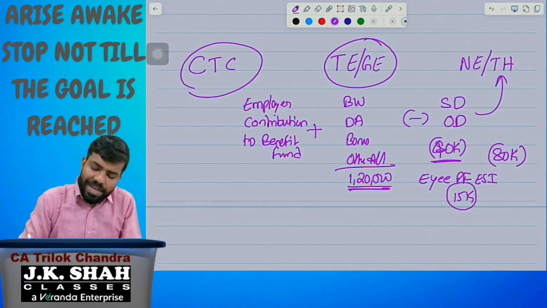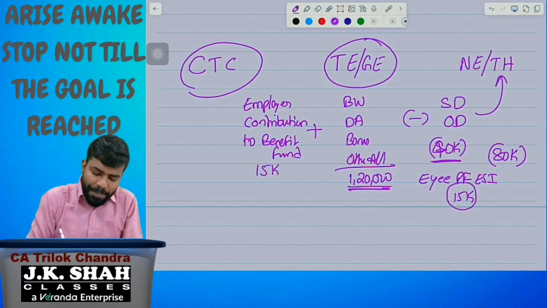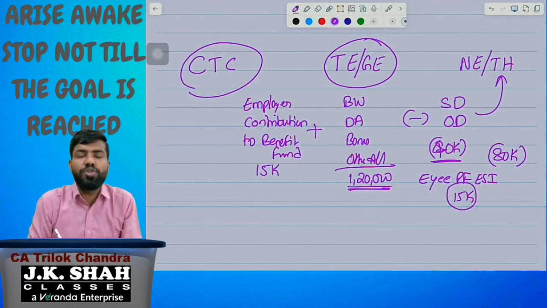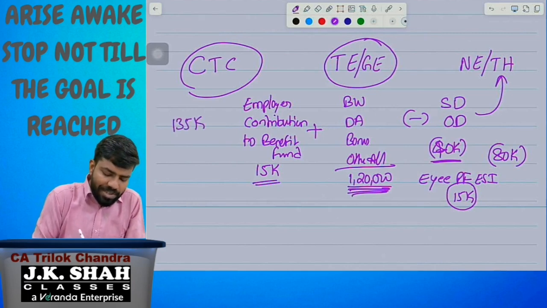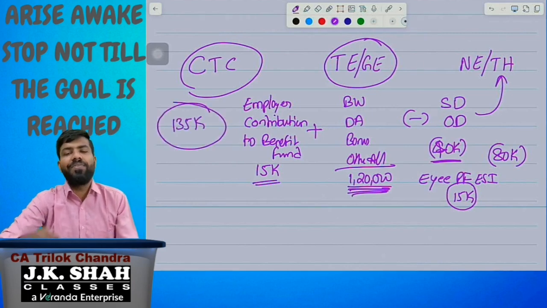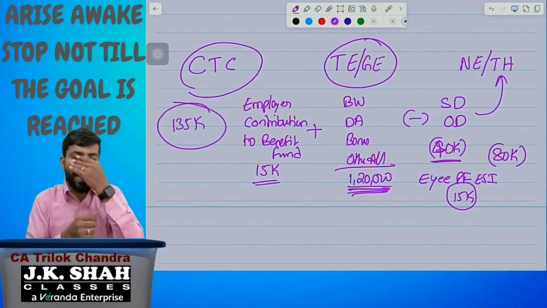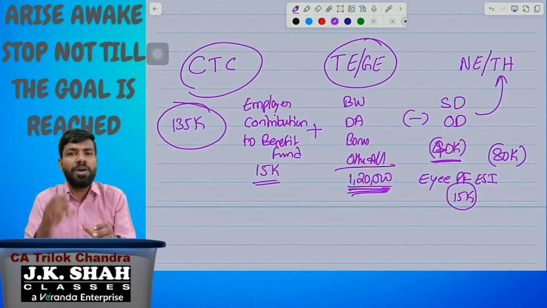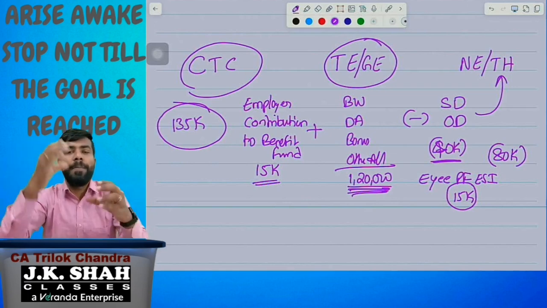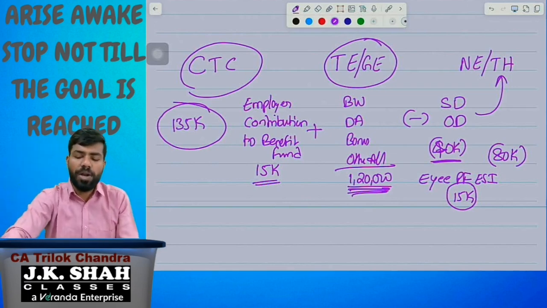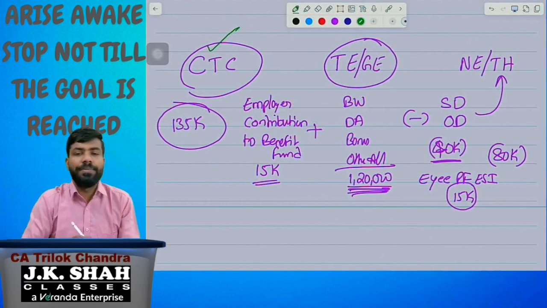The same amount has to be contributed by the employer. Now what happens? 1,20,000 plus 15,000, 1,35,000 is the CTC. Why am I explaining in detail? Because in examinations sometimes they'll ask you to calculate employee cost of company. Then what we need to calculate is CTC.